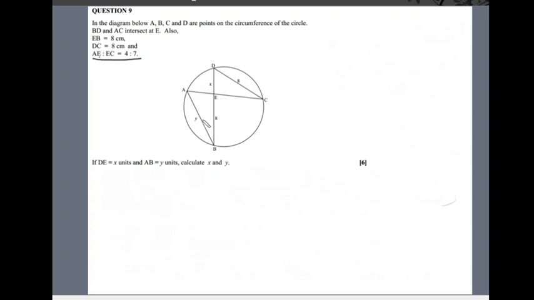If DE is equal to X units and AB is equal to Y units, then calculate X and Y.